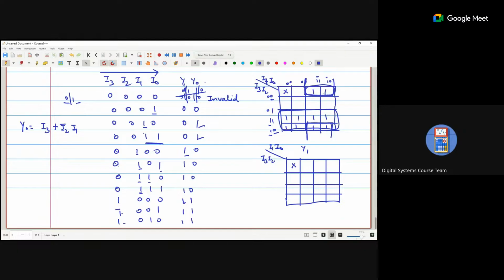4 is 1, 5 is 1, 7 is 1, 6 is 1. Then similarly 8 9 10 11. So everyone is 1. Okay, so one group we create this one, another group we create this one.